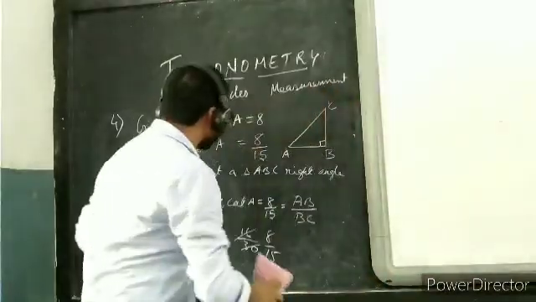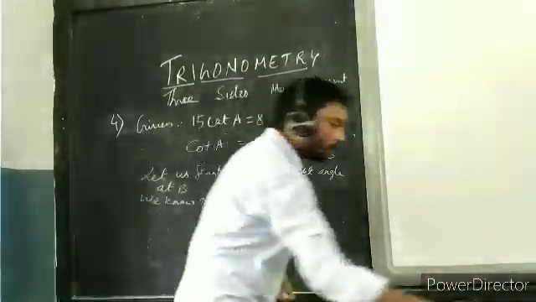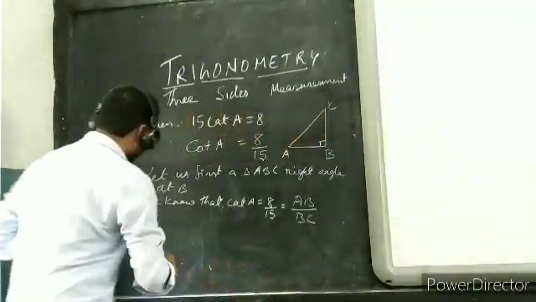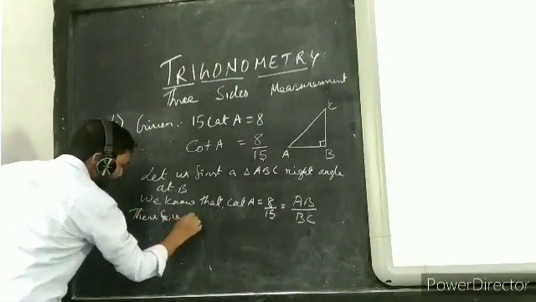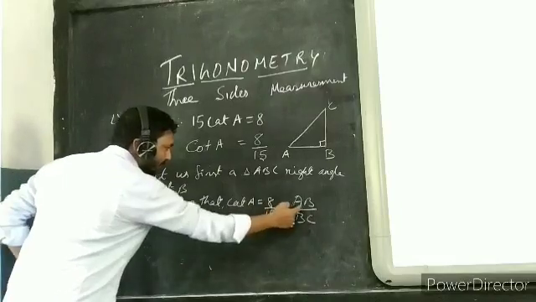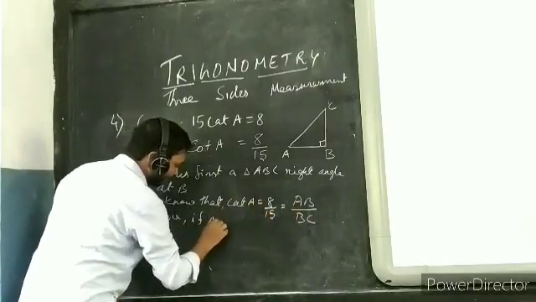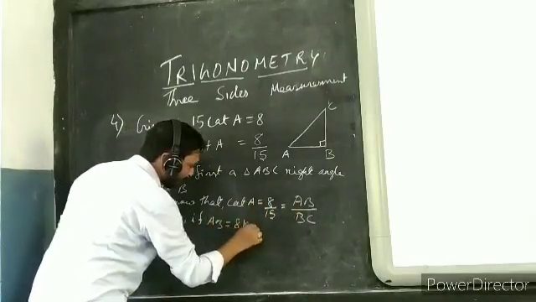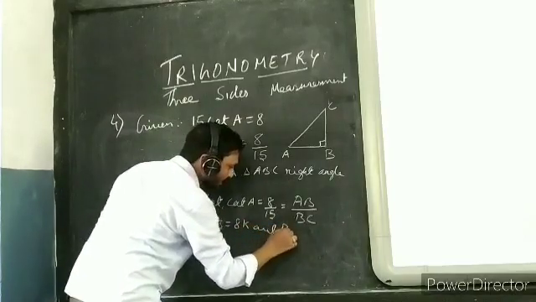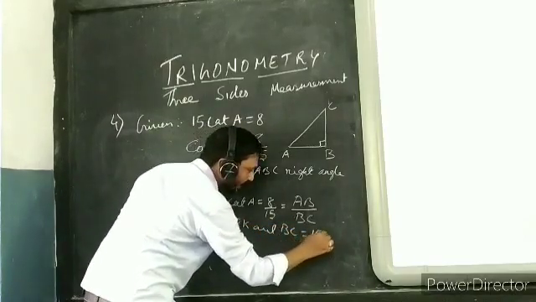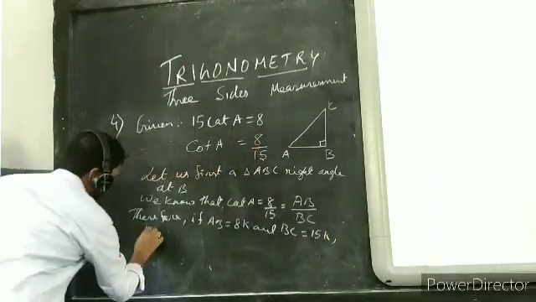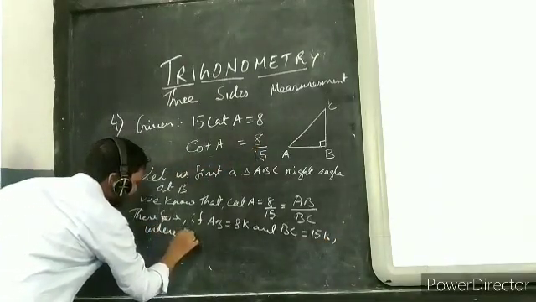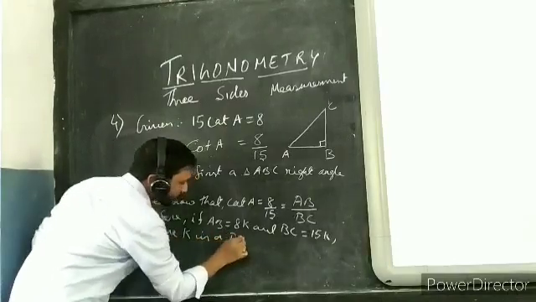For that, we will take a constant. Now we will write like this. Therefore, let AB equal to 8K and BC equal to 15K, where K is a positive number.